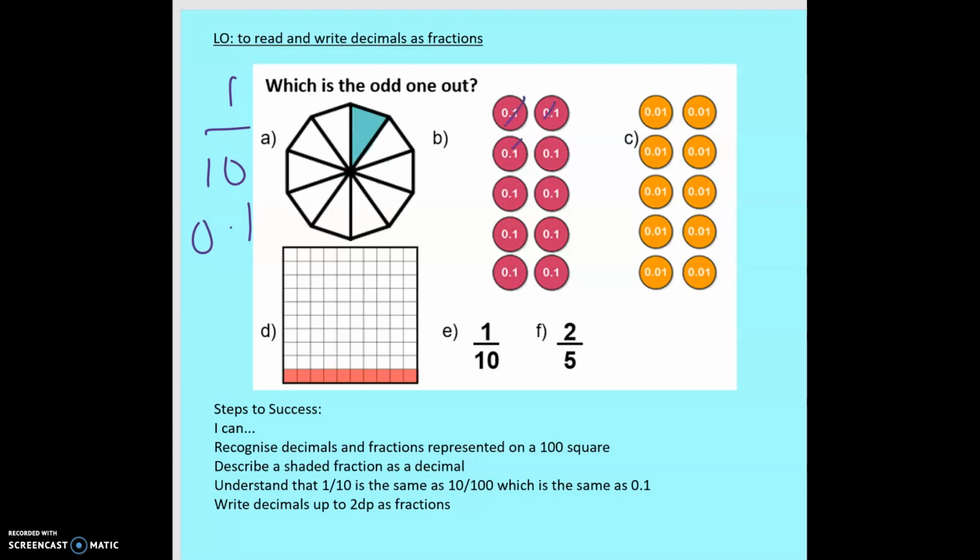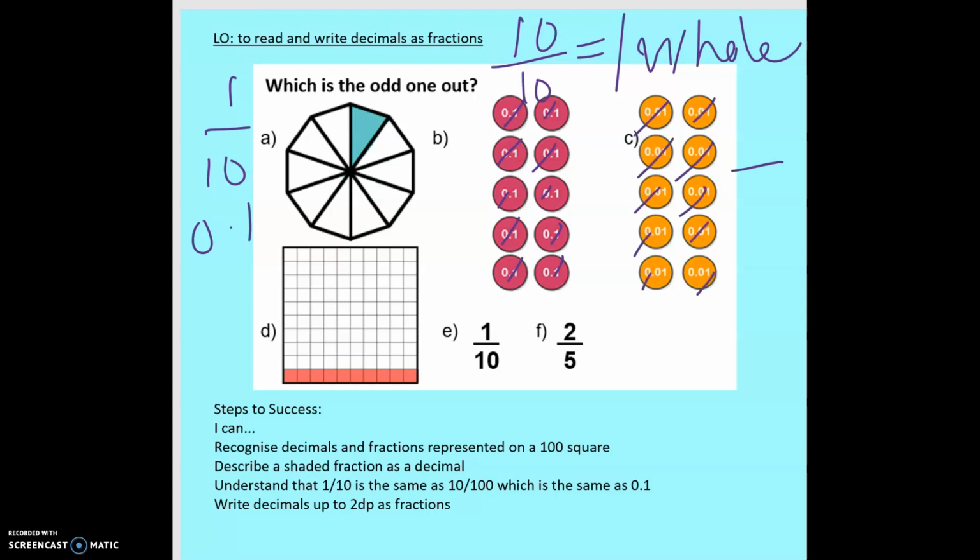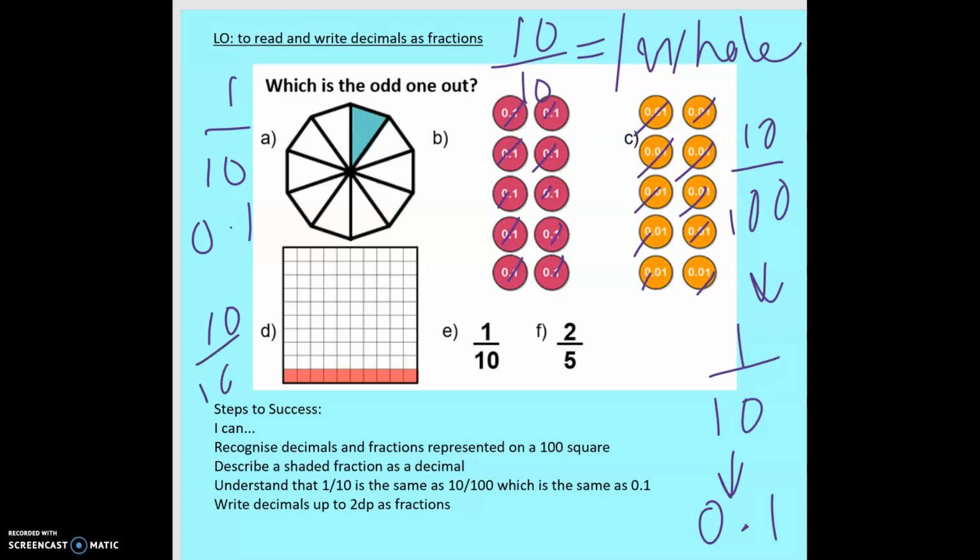B, we've got 1, 2, 3, 4, 5, 6, 7, 8, 9, 10 tenths, which we know equals 1 whole. We've got 1, 2, 3, 4, 5, 6, 7, 8, 9, 10 hundredths here, which we know is the same as 1/10, which is 0.1. We have 10 hundredths here coloured in, which we know is the same as 1/10 or 0.1.